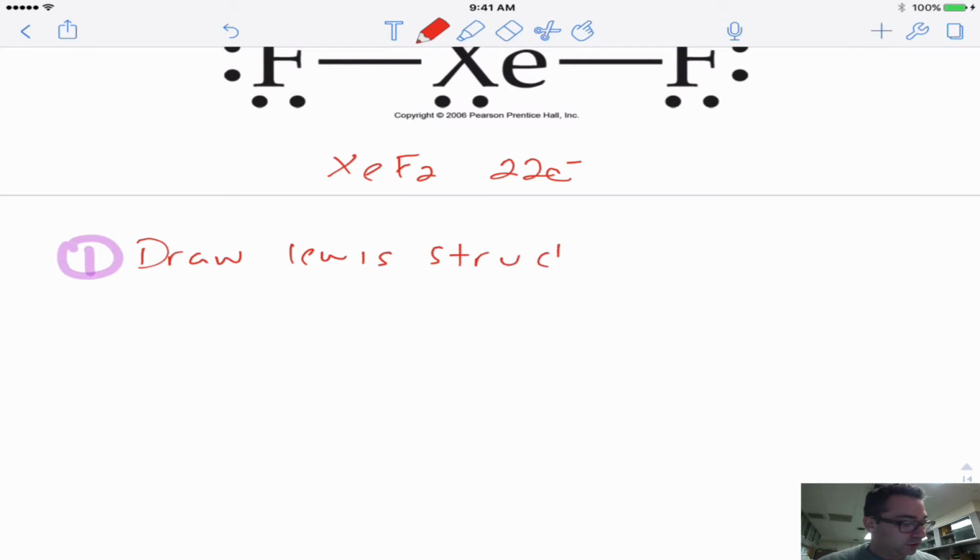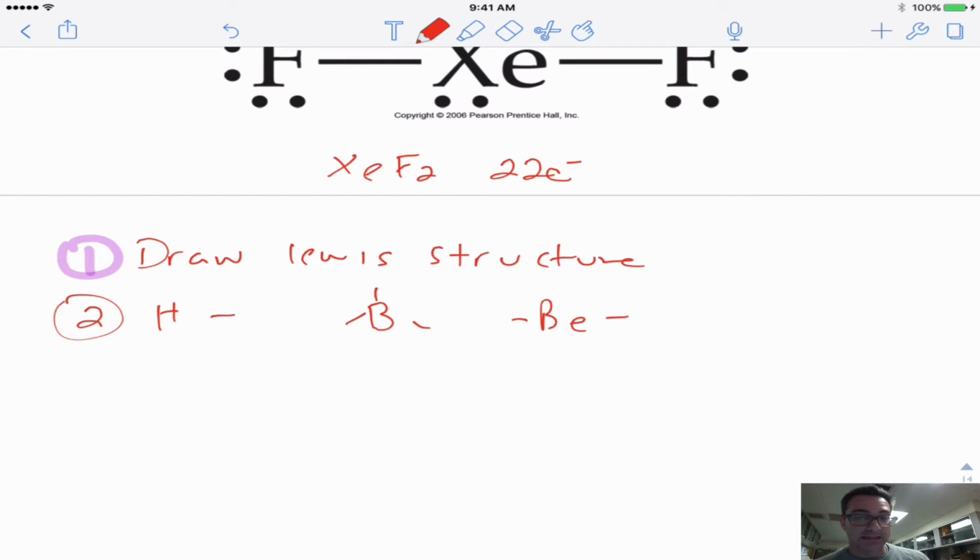Most Lewis structures will follow the octet rule, but there are some that will go against the octet rule. So if you have hydrogen, boron, beryllium, these will not form an octet.